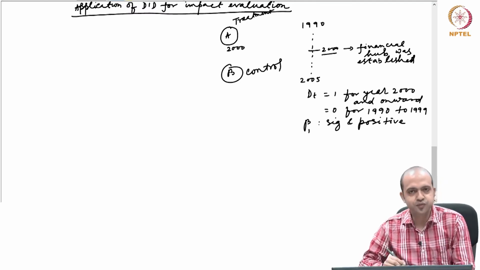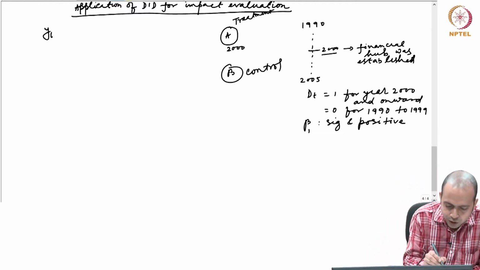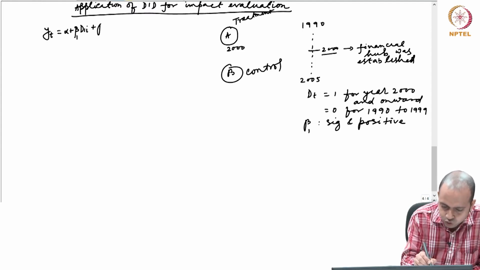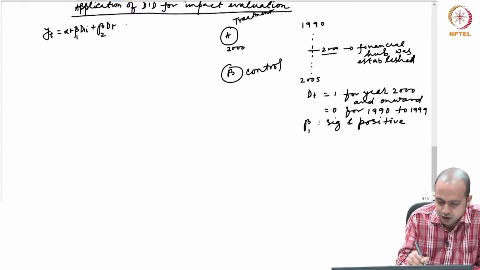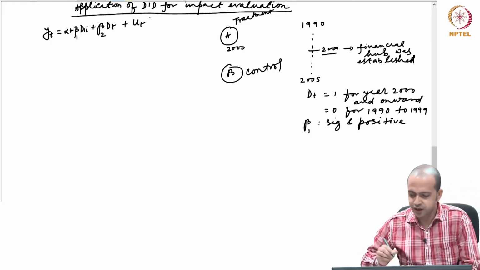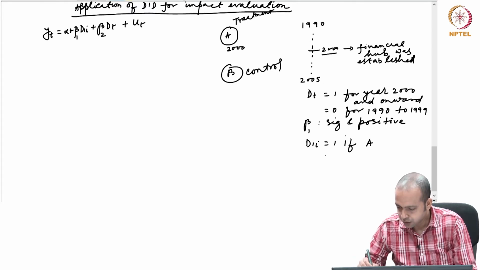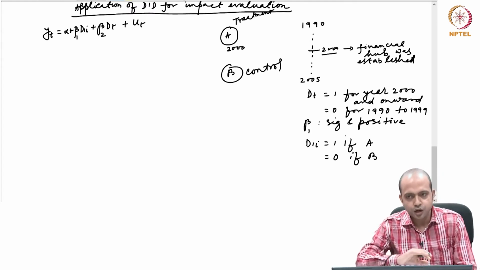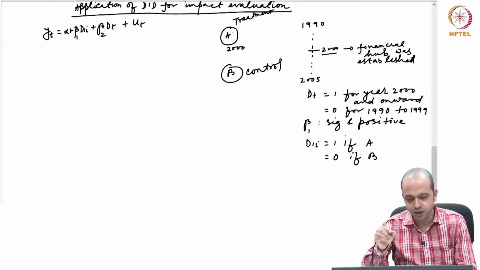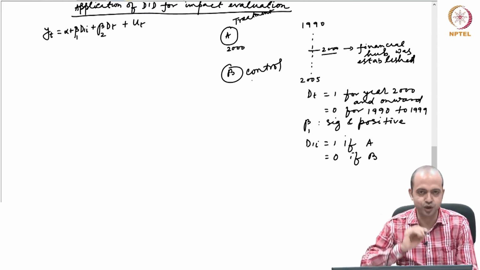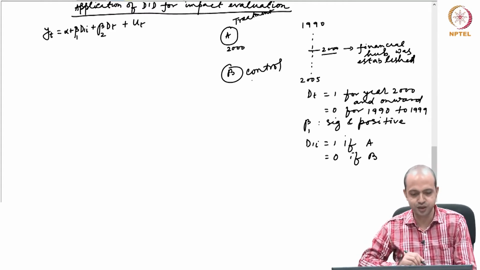Alright. So, when you set up your model, Yt equals alpha plus beta 1 D1i plus beta 2 Dt plus ut, and D1i equals 1 if place A, 0 if place B. So, that means you have real estate data for both the areas, real estate data for A and real estate data for B. B is actually my control area because there was no financial hub set up in area B; the financial hub was established only in area A. This is my objective.